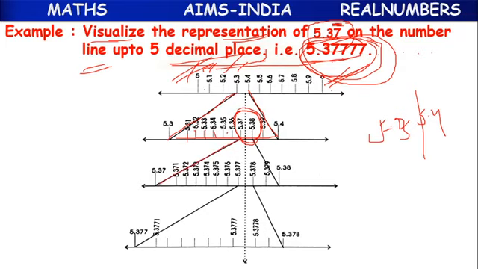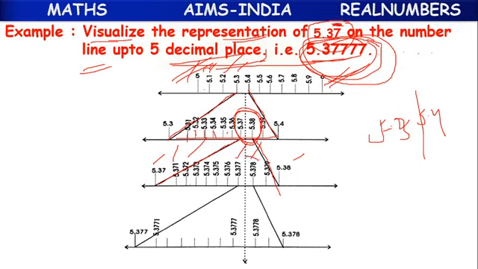The two numbers we have to take separately, with 10 equal parts: 5.371, 5.372, like that, up to 5.377, 5.378.